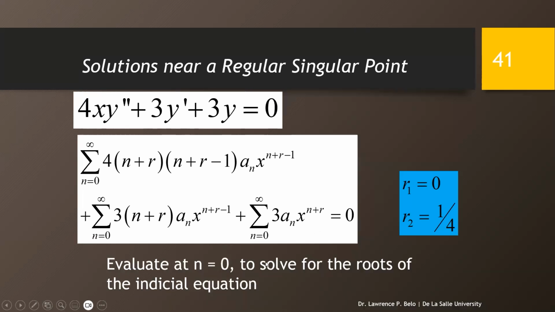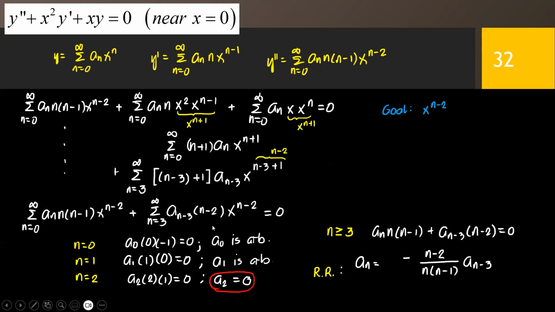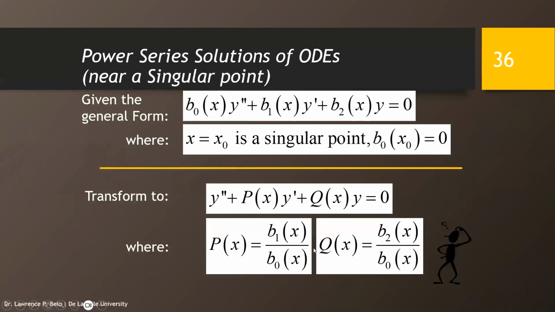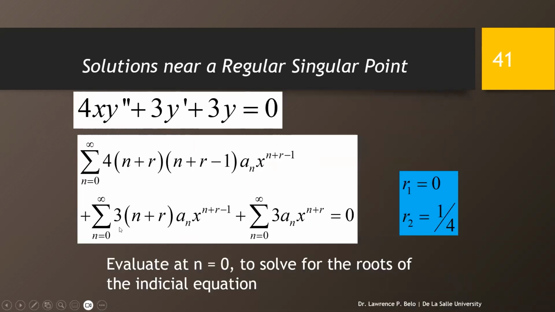So the first thing is we evaluate this one at n equals 0, similar to how we evaluate the others. We evaluate at n equals 0, n equals 1, n equals 2, and so on. But in here, the main difference is that when we evaluate this at n equals 0, you'll be left with r.